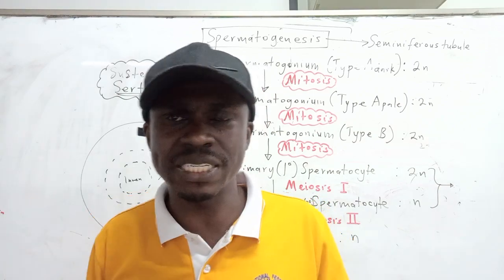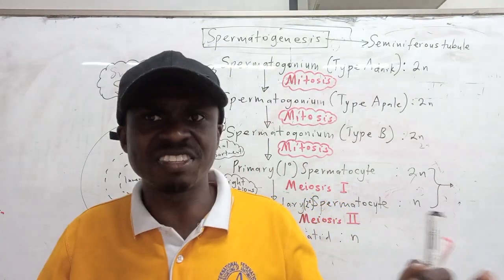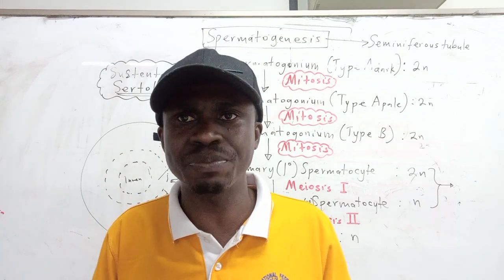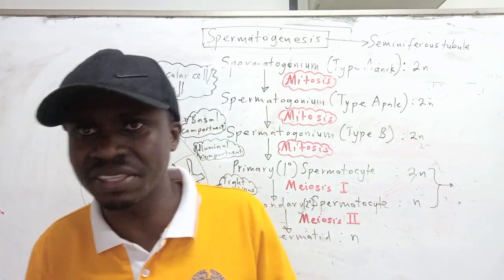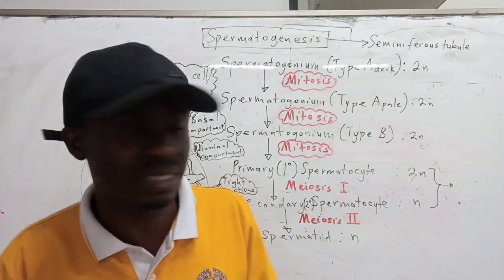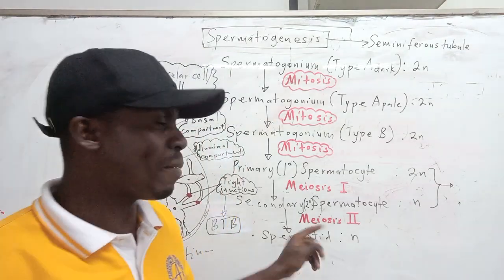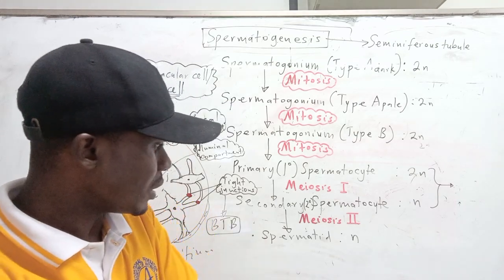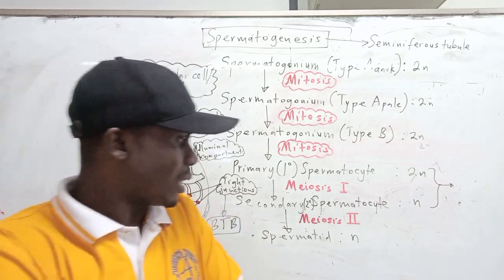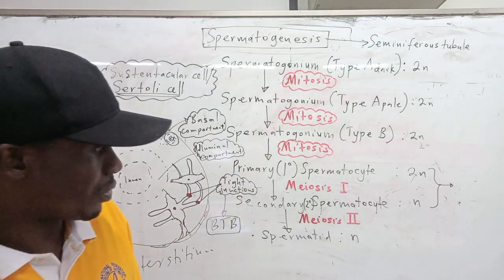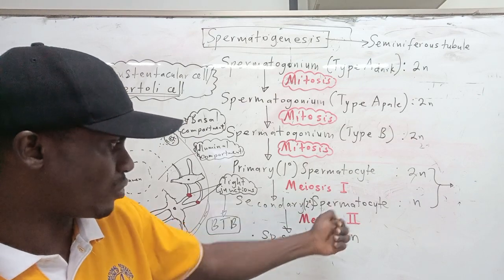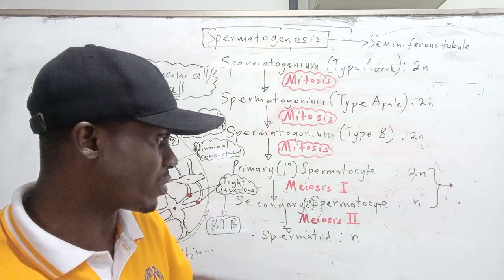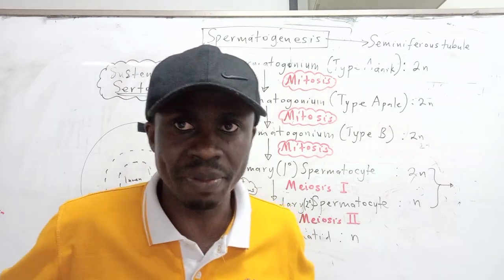Then they begin to elongate, shedding some of the cytoplasm, using some kind of enzymes, going through programmed cell death, apoptosis. Yes, that's what is going to happen. So from secondary spermatocytes, we are getting spermatid through this meiosis that we're talking about.